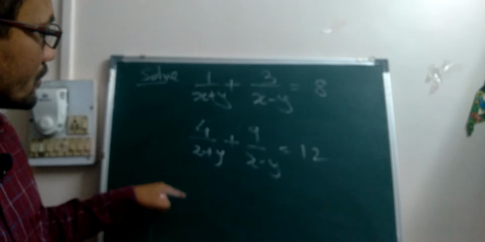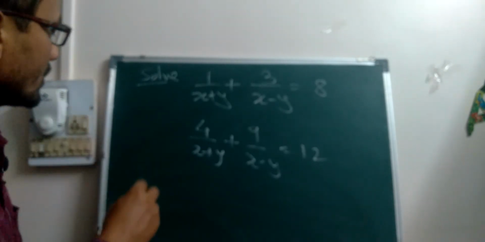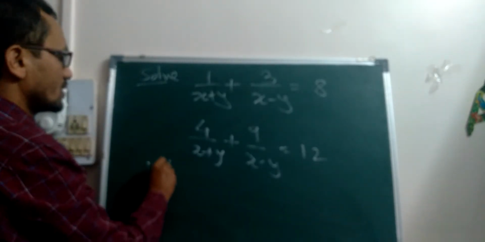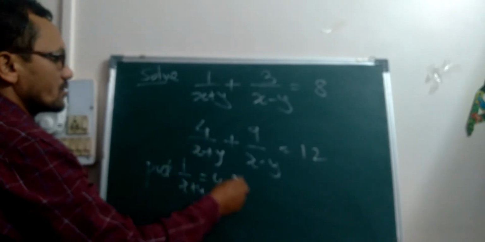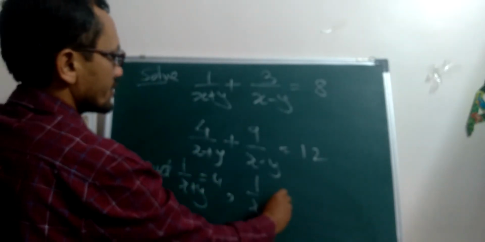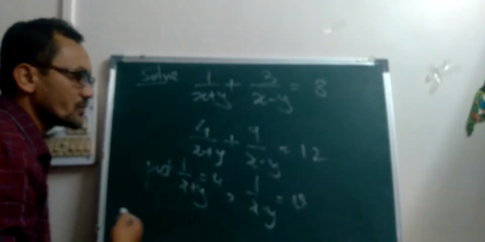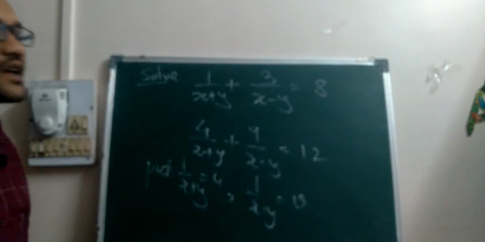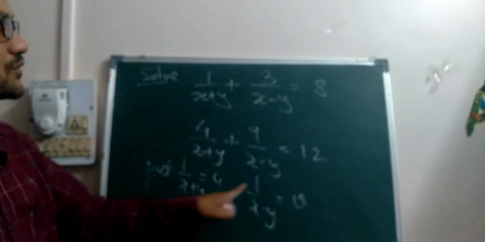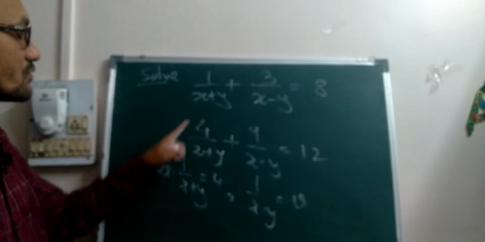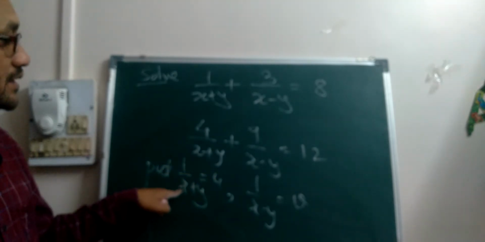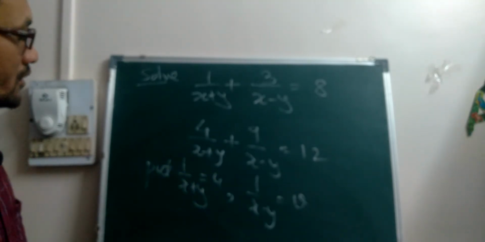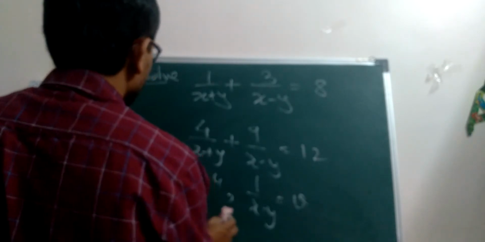If you solve this, we just put 1 upon x plus y equal to u and 1 upon x minus y equal to v, and then we solve for u and v. After getting u and v, which are some constants, we will solve for x and y then. In this way we will solve the examples.